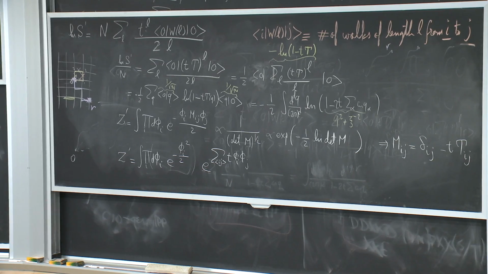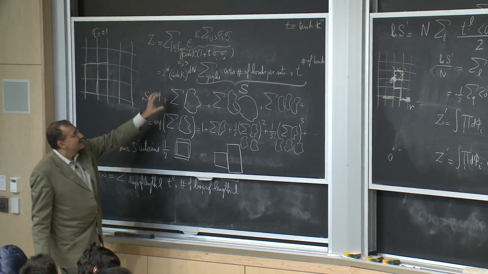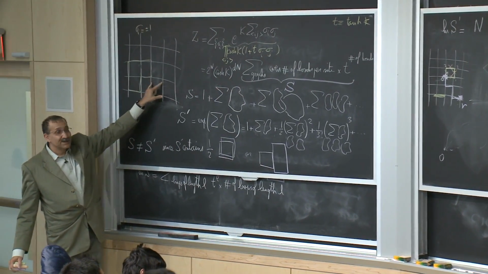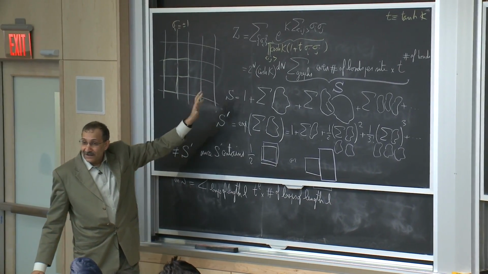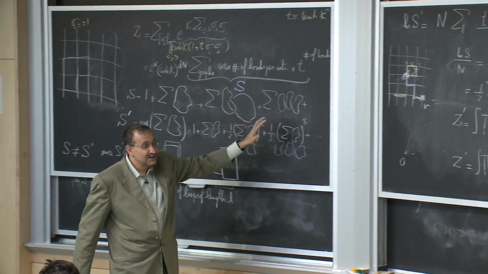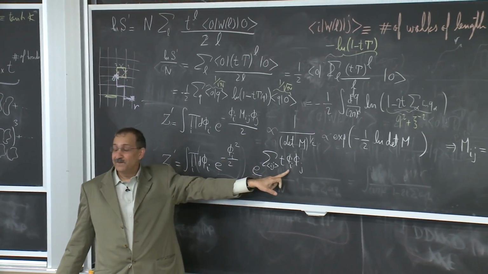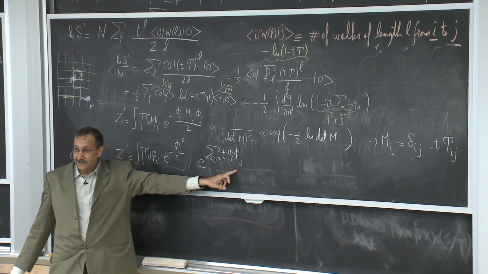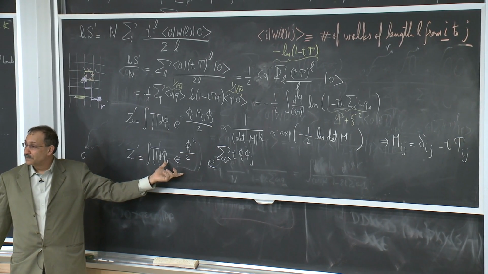So you can see that I started calculating Ising variables on this lattice. The result that I calculated for these phantom walks is actually identical if I had replaced the Ising variables with just quantities that I integrate all over the place, provided that I weigh them with this factor.